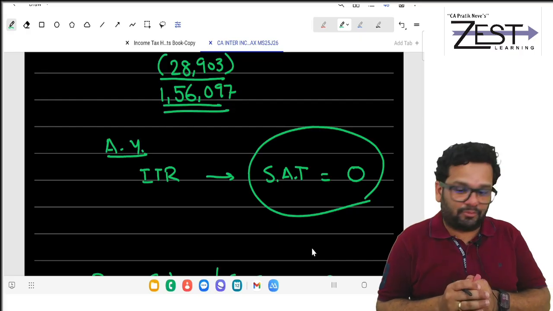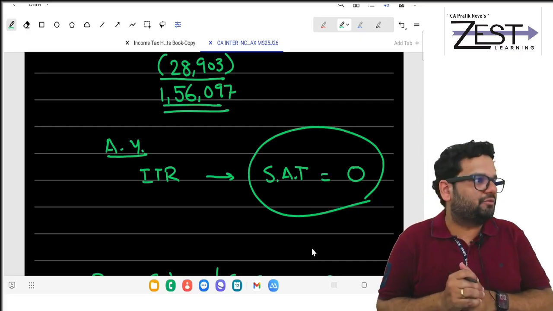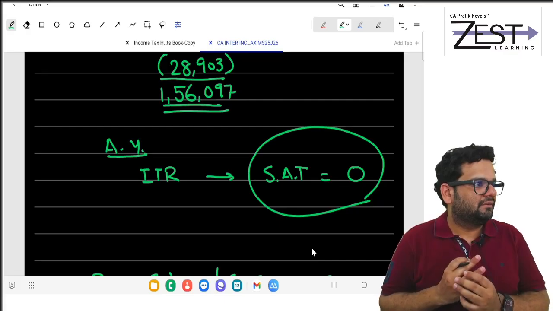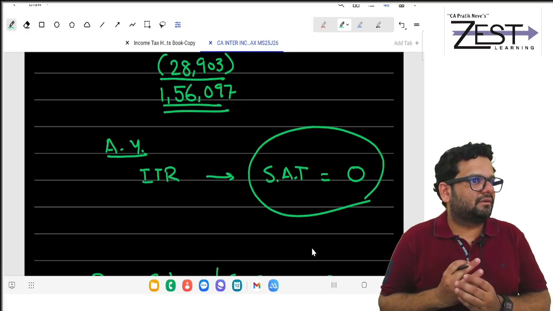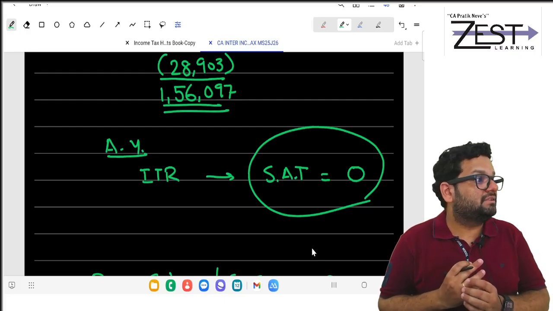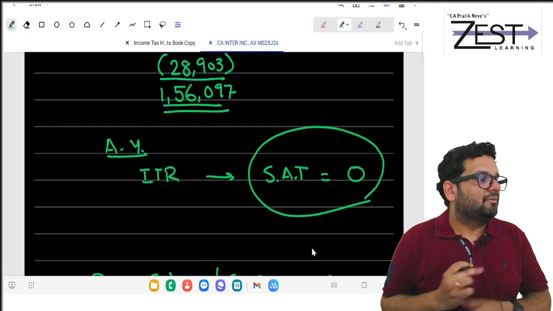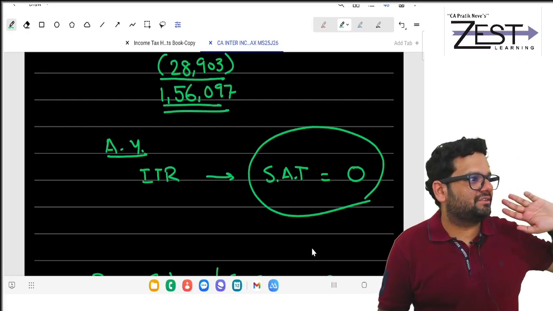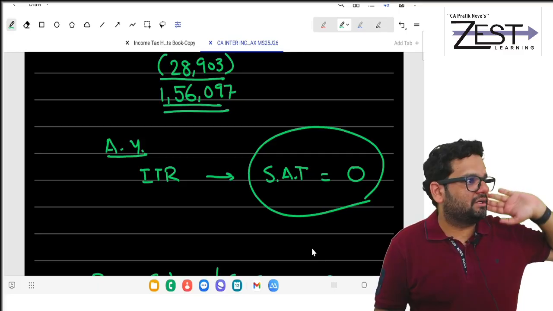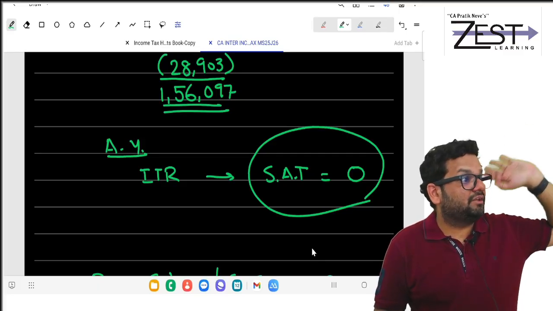If he is opting out of 115 BAC, can he shift in AY? Yes, means originally his rough calculations are done by the employer in one of the different way.